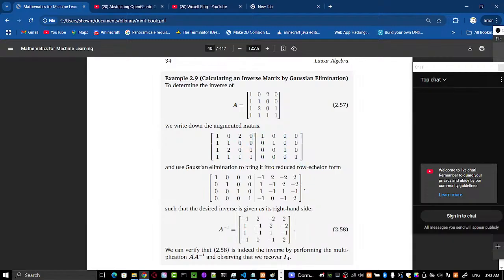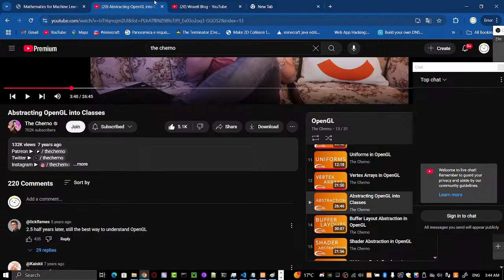Then we have to do some transformation. We have to use Gauss elimination, and then we have to bring it to the row echelon form, right? After we did that, we are ready to go. We have to watch more about it.